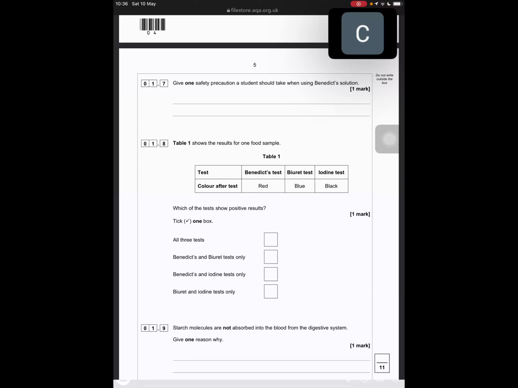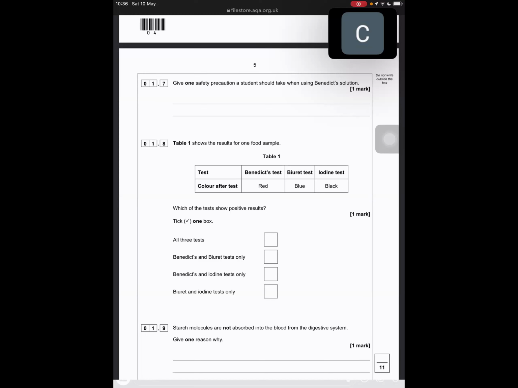What does the scheme say? Benedict's and iodine testing. Okay, Benedict and iodine, right? So I think that biuret is not a positive test. All right, we'll go on.